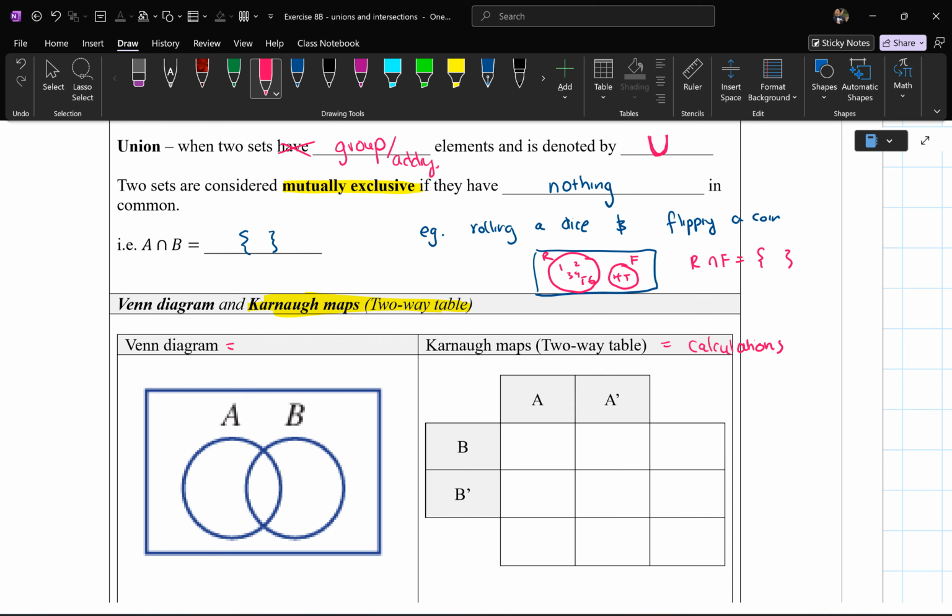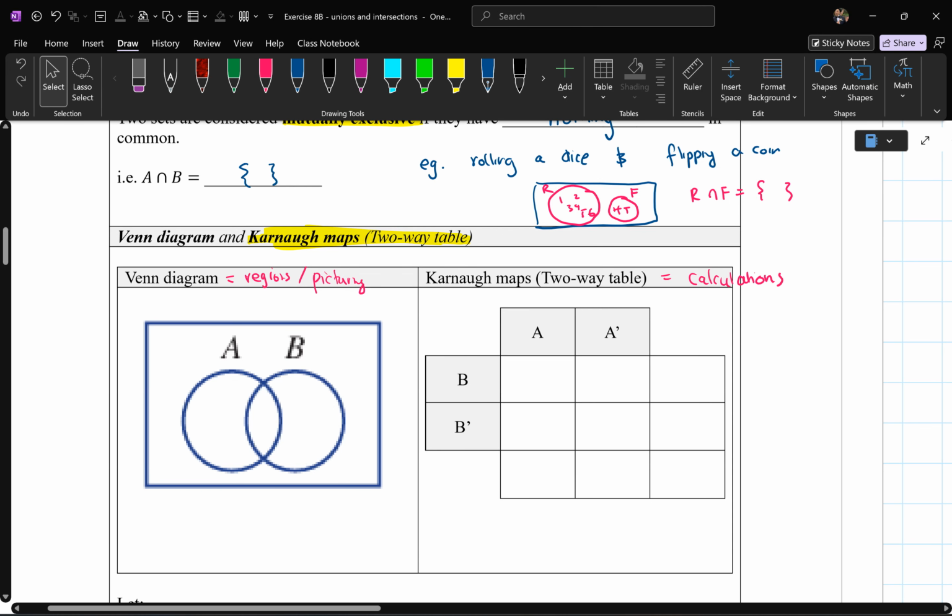Whereas Venn diagrams are best for regions or picturing the problem. Karnaugh maps don't do well with picturing it. So what intersects with what, where's the union, what's the grouping together?